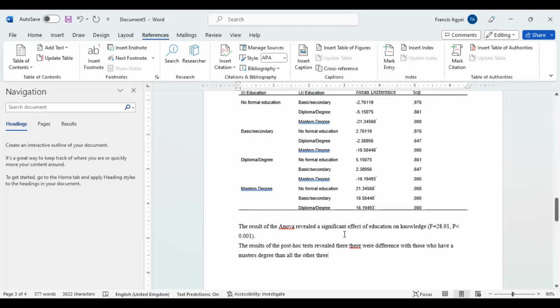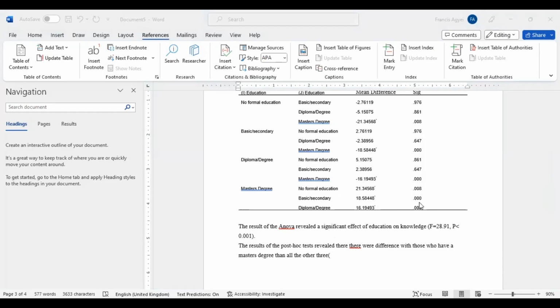Then we'll come to quote the means. So we'll quote the means, and so this is the mean. So let's look at master's degree. Realize from this table that when you compared each of the variables to each other, there was significant difference.